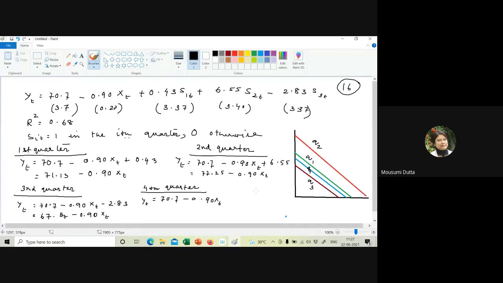However, the fourth quarter shows bigger seasonal variation with respect to Q4, compared to the variation of Q1 with respect to Q4.